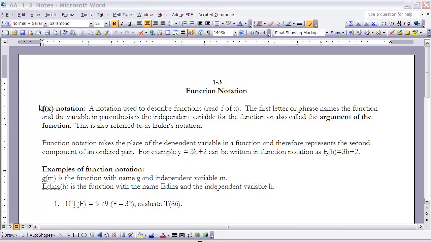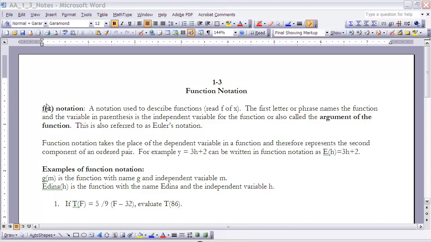Okay, so in section 1.2 we looked at what a function was. Now we're going to look at a different way that we can notate or write functions. We're going to be looking at what we call f of x notation or function notation, which I have written right here. That's a notation used to describe functions, which we read as f of x.